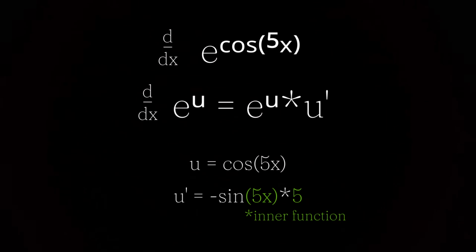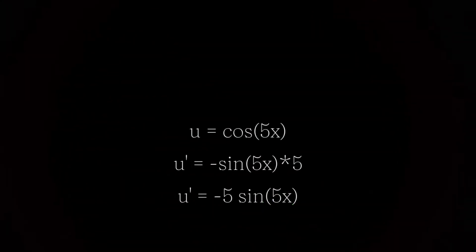The derivative of cosine 5x must be negative sine 5x times the inner function, which is 5x. The derivative of 5x is simply 5. So therefore, to simplify, the derivative of u must be equal to negative sine 5x times 5, or negative 5 sine 5x.